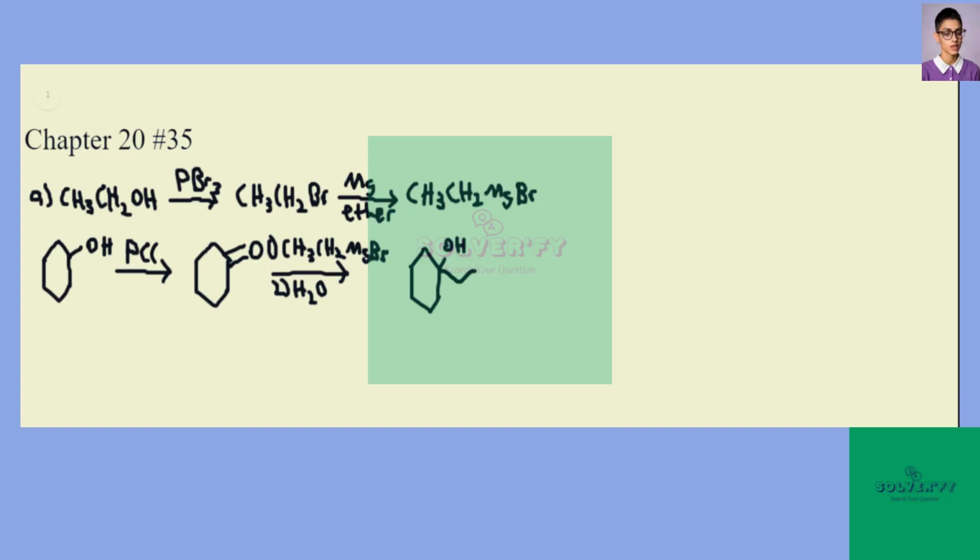Okay, so there we go. That's A. So then for B, we can start from the product that we just made in A. And we can use PBr3 again.